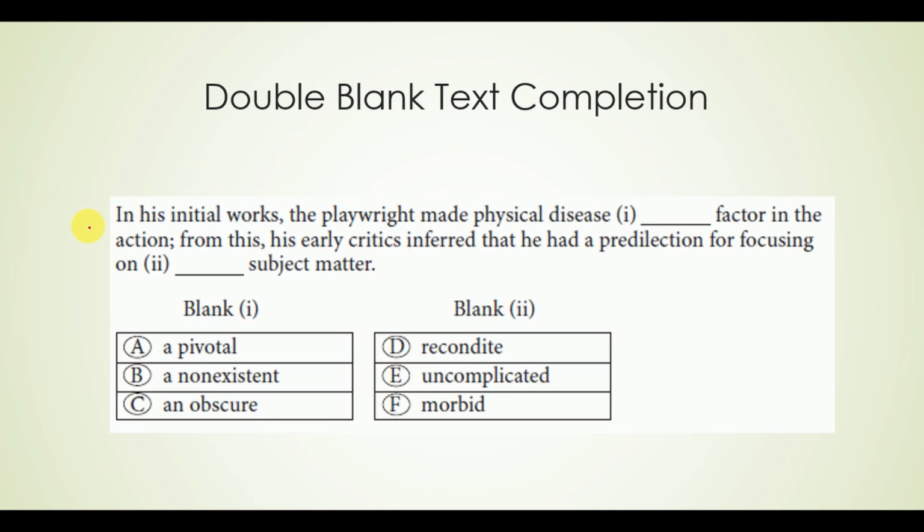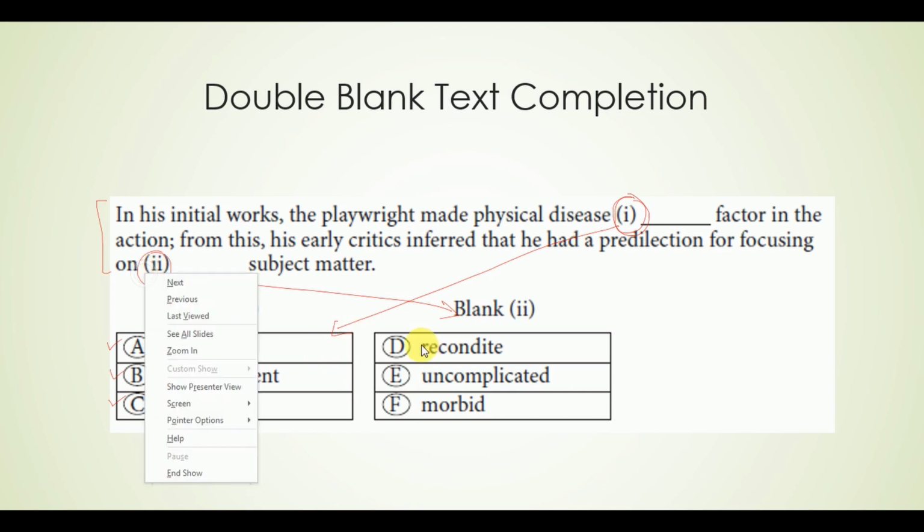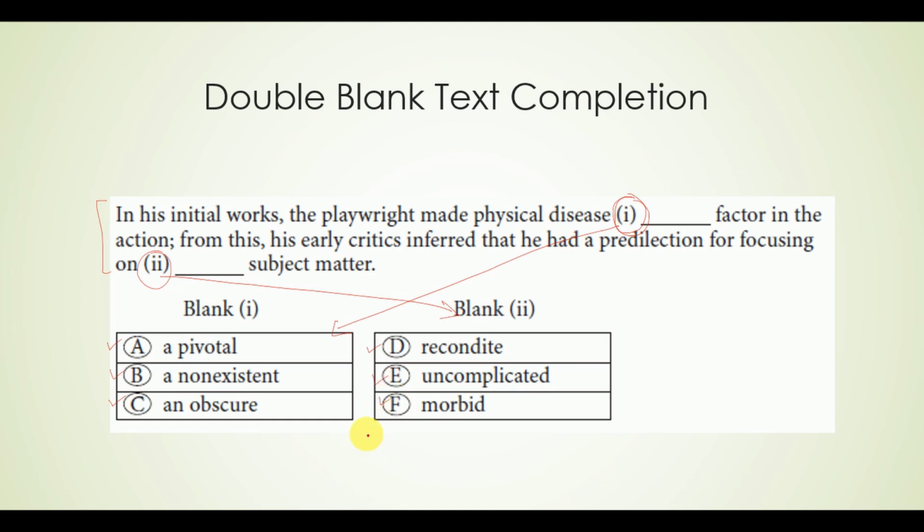In this example, you have a question with 2 blanks. This is your blank number 1 and your blank number 2. Now remember, for each blank you have a set of answers. So for example, for blank 1, you have options A, B and C, and in blank 2, you have options D, E and F. Remember, one mistake that some new students make is that they think that these are paired answers.